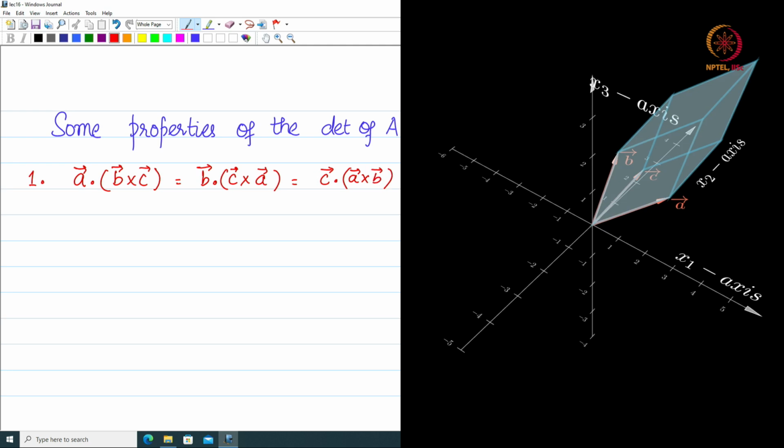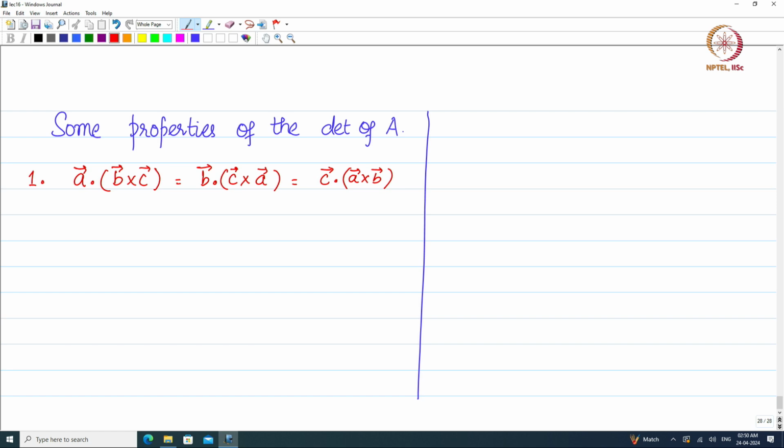We know this, and since we know that the cross product is not symmetric, that means A cross B is equal to minus B cross A, we have certain properties following that.